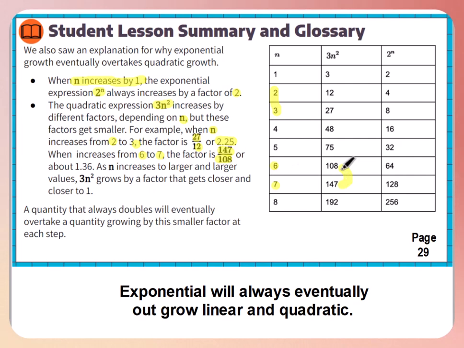Remember how we found that growth factor? We take this number and divide it by this number. That's about 1.36. As n increases to larger and larger values, 3n squared grows by a factor that gets closer and closer to 1. A quantity that always doubles will eventually overtake a quantity growing by this smaller factor at each step.